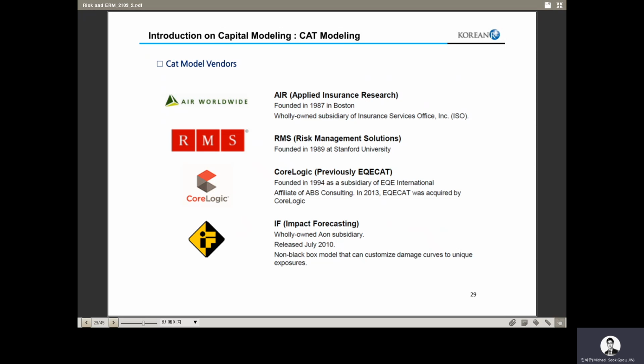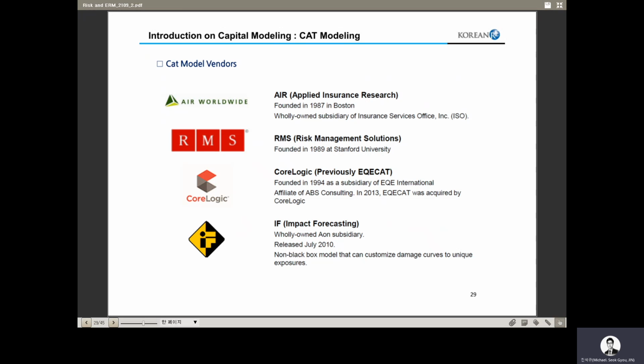There are 4 vendors in cat modeling. One is AIR, founded in 1987 in Boston, a wholly owned subsidiary of Insurance Services Office. Another is RMS, Risk Management Solutions, founded in 1989. Another is CoreLogic, previously EQECAT, founded in 1994.